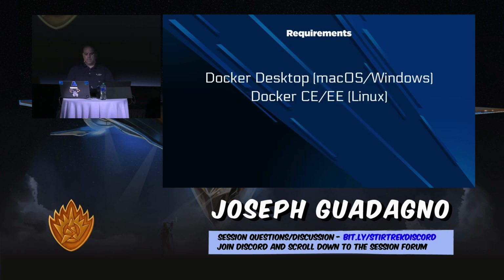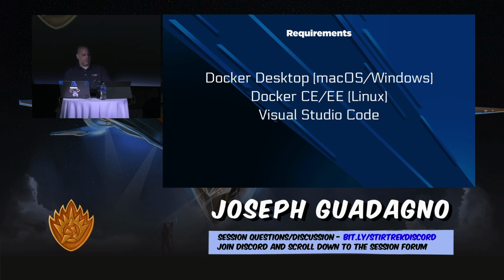So, some of the requirements. You're going to need Docker Desktop. You can do it with Rancher, but you basically need the Docker command line because you're going to spin up containers behind the scenes. If you're on Linux, you need Docker CE or Docker EE. Basically, anything you can run Visual Studio Code on, you can use this for.